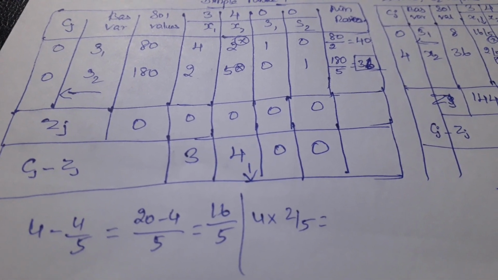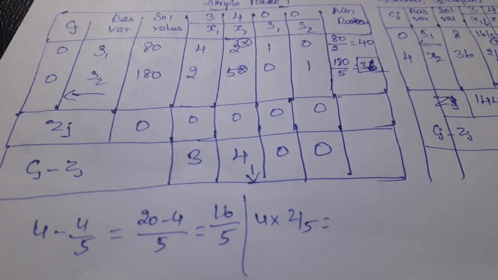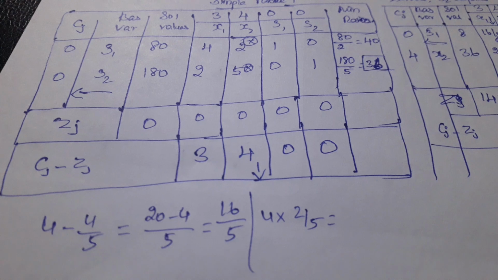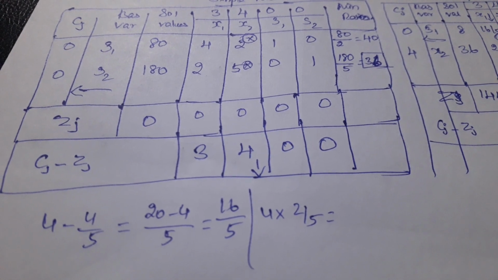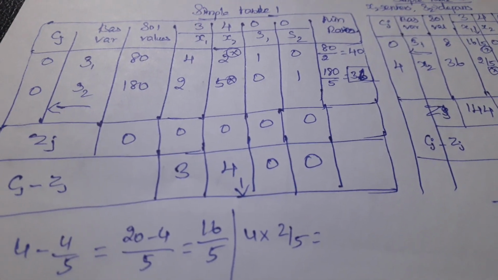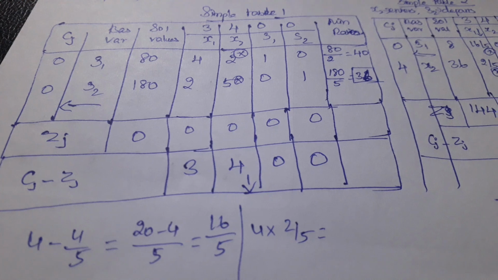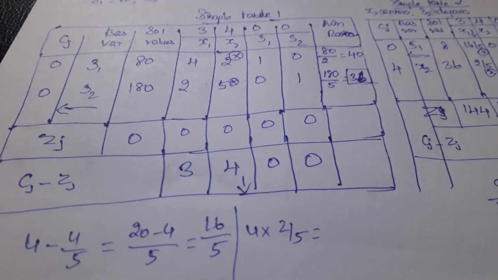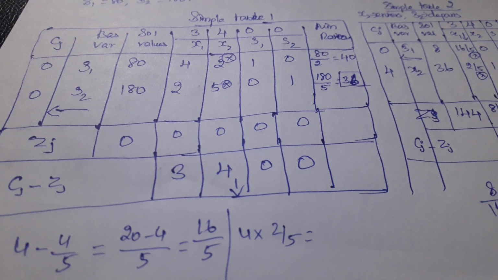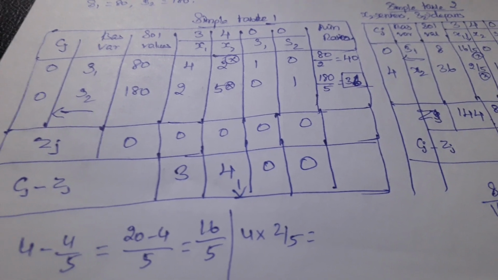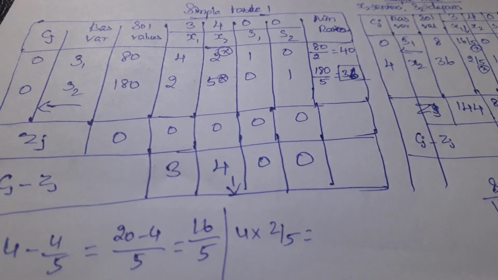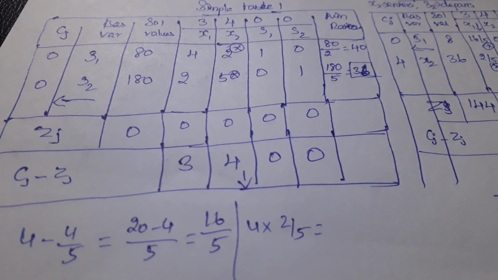That's why the ZJ value is totally 0. Then we have to subtract the ZJ value from the CJ value. For that we have to subtract the objective function coefficients and the ZJ value. So 3 minus 0, 3; 4 minus 0, 4; 0 minus 0, 0; 0 minus 0, 0.